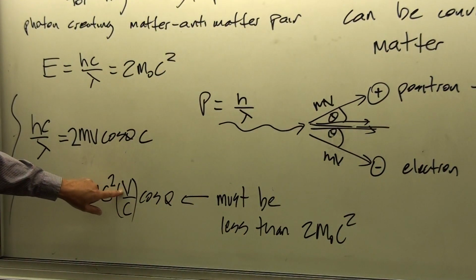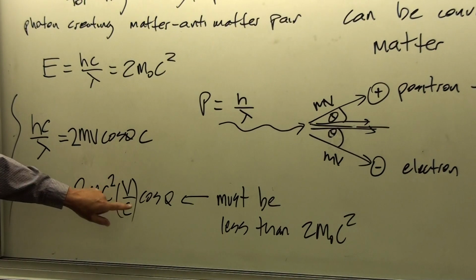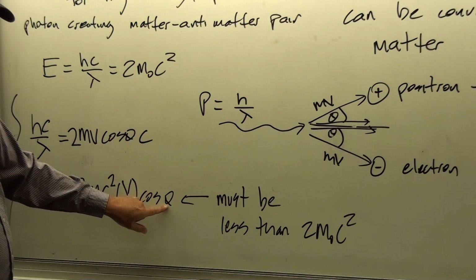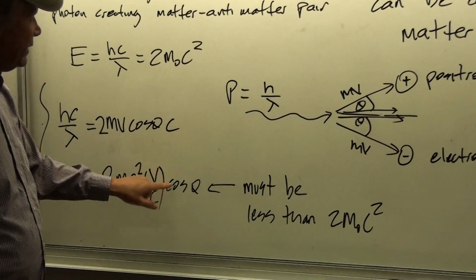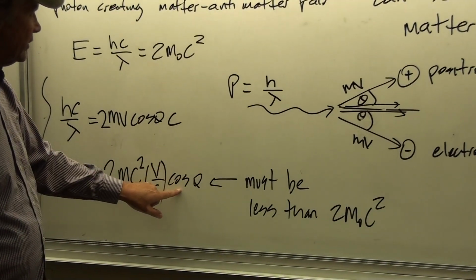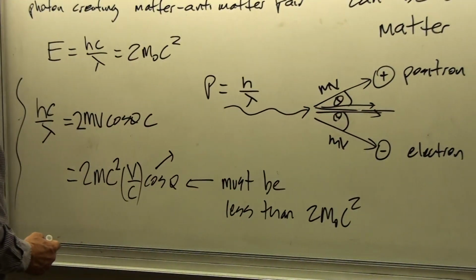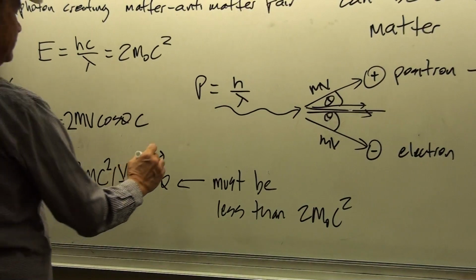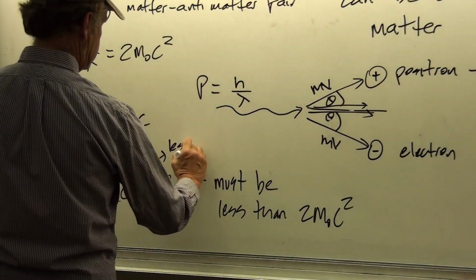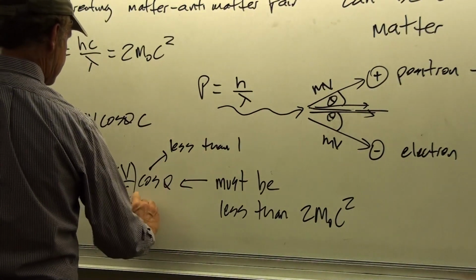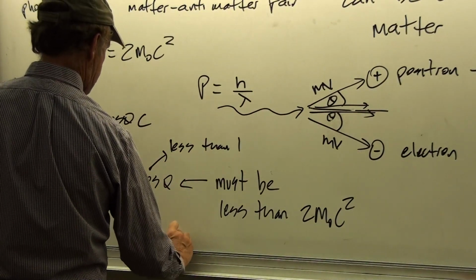Because v can never be the speed of light, so v over c has to be less than 1, and theta has to be greater than 0. So the cosine of theta can't be 1 either. This expression has to be less than 1 also, or else the particles will recombine and turn back into a photon. So that has to be less than 1, that has to be less than 1.